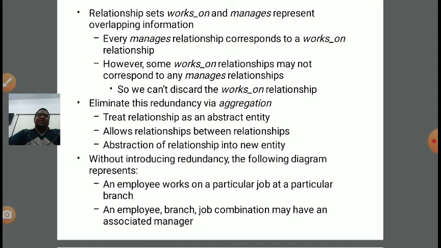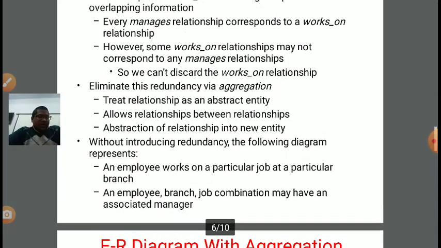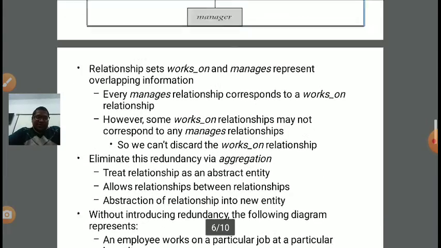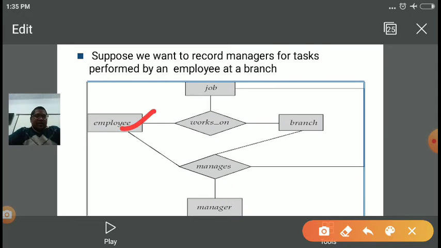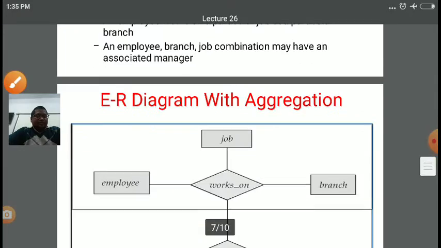Here we need to apply some abstraction of the relationship into a new entity. Now, without introducing redundancy, the following diagram represents an employee working on a particular job at a particular branch. It is clear? Every employee is working at a particular branch and working on a particular job, right?